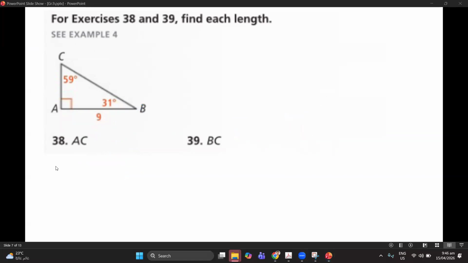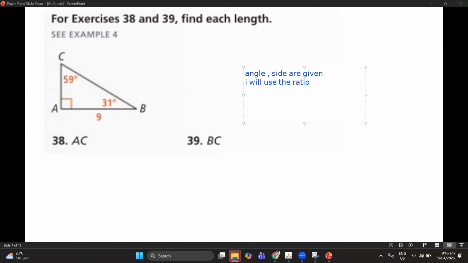Okay, so I will repeat. If the angle measure and one side length are both given, I will use the ratio.